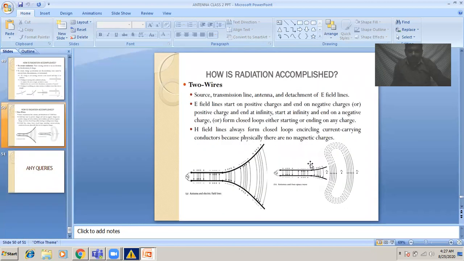As long as the wire is straight, there is no radiation, because the top wire radiation is cancelled by the bottom wire radiation. If the wire is tapered at the other end, automatically there will be net radiation. That net radiation is shown in this figure.